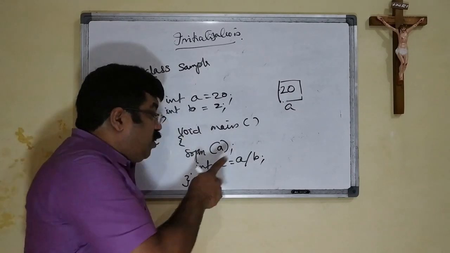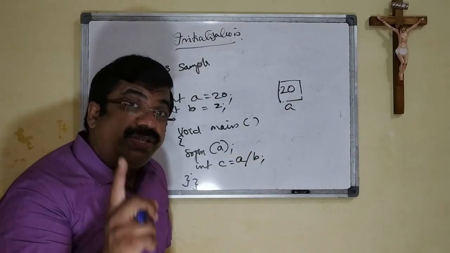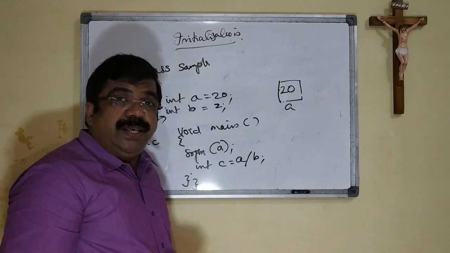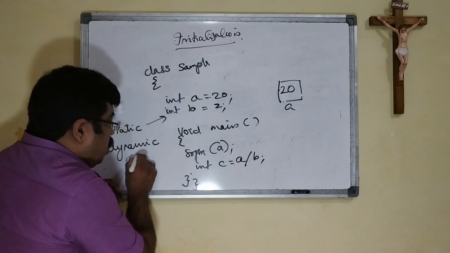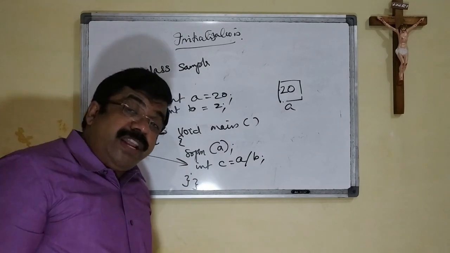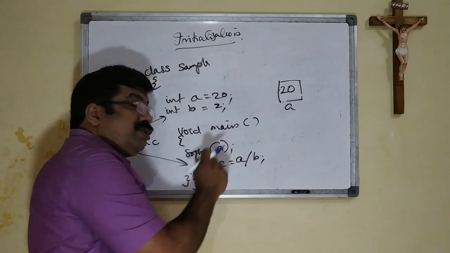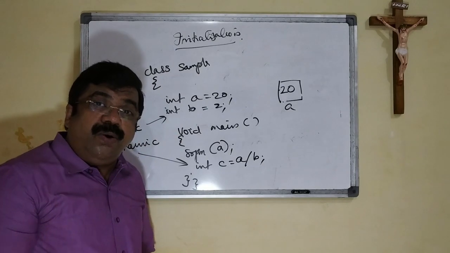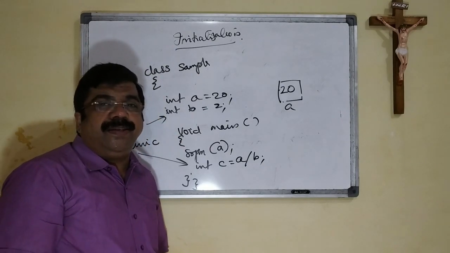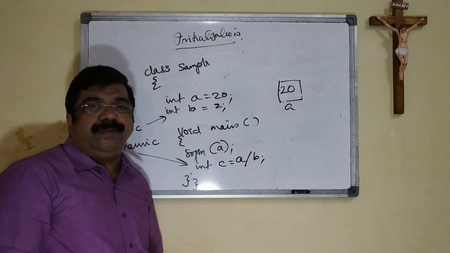So we say this is dynamic initialization. Dynamic initialization gets the value when an expression is executed or when the program is running. I think you understood the difference.